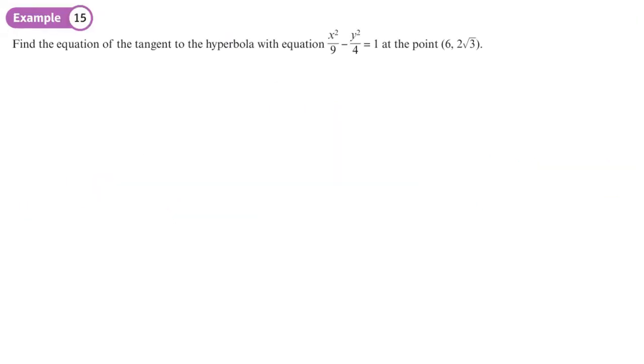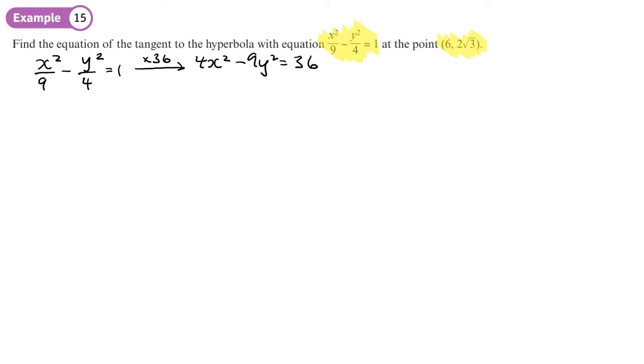Okay, so we want to find the tangent to this hyperbola here at this point, 6, 2 root 3. So the first thing we want to do is to differentiate. What I'm going to do is multiply through the whole thing by 36 so that I get rid of those denominators, just to make it a little bit easier to differentiate. So I'll have 4x squared minus 9y squared equals 36.